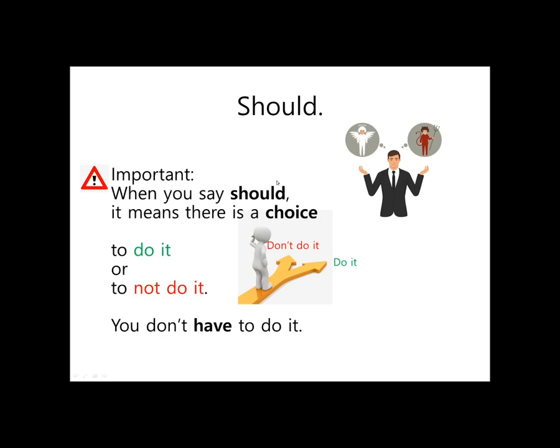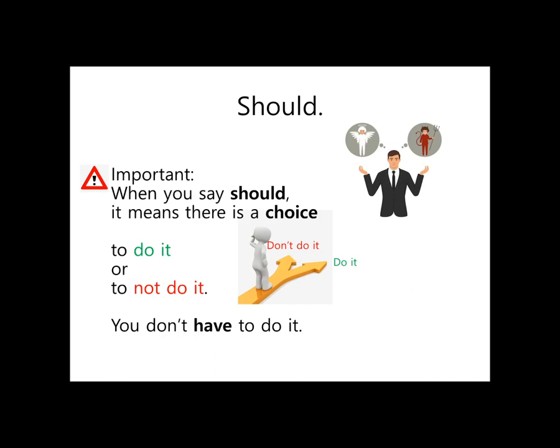This is important because a lot of people make the mistake when they learn English that they use should as an obligation. So they say should as in you have no choice. For that we use different language. We use have to. You have to go to school. You have to sleep. And we also use the word must.